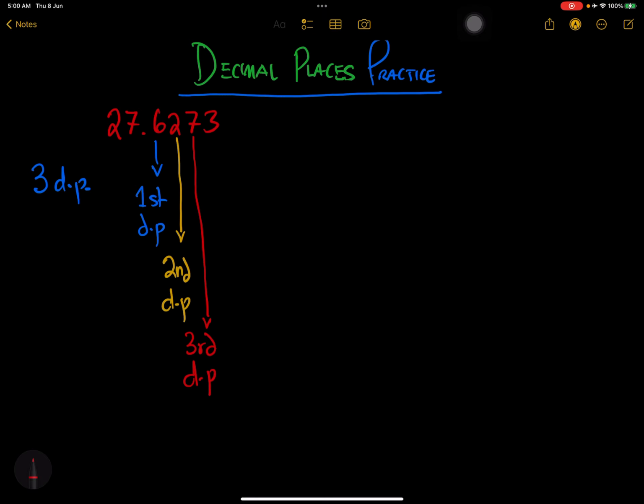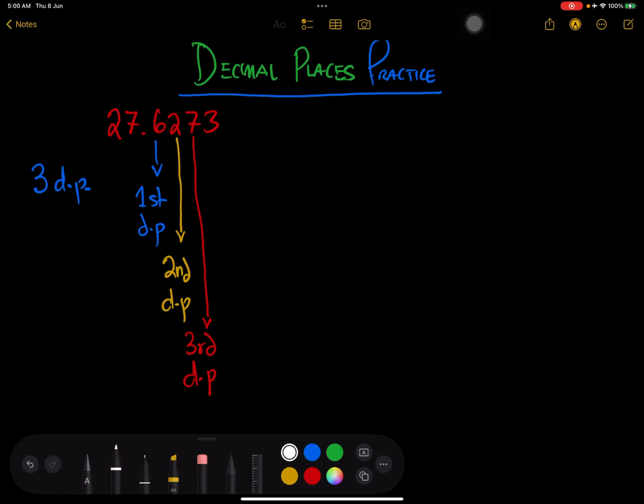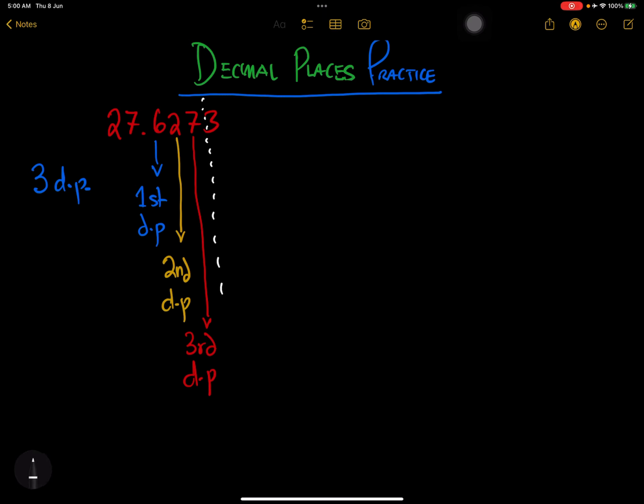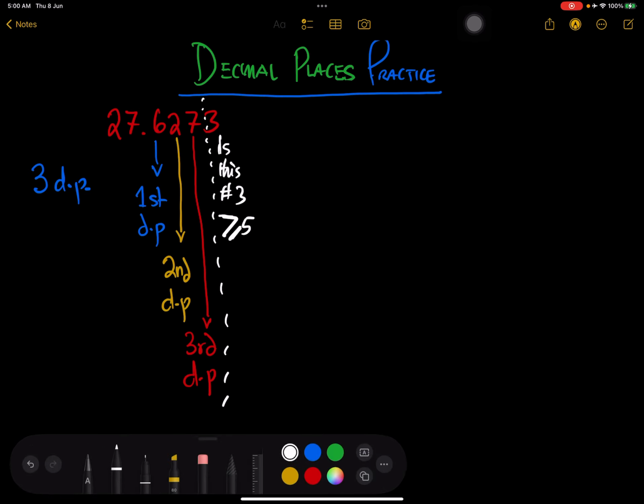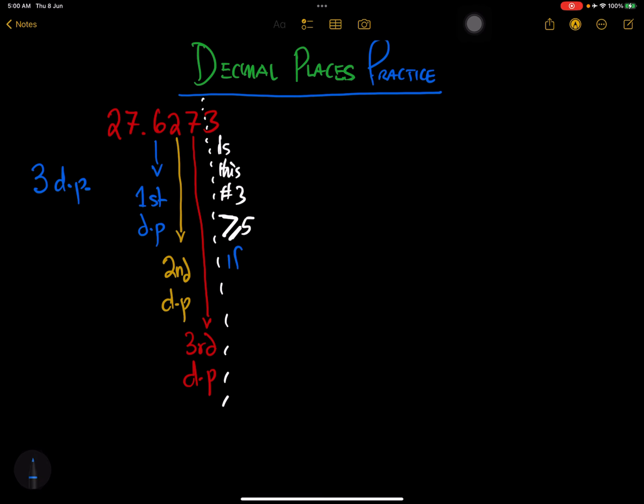When we know that, the next thing we do is drop a dotted line. And once we do that, we ask, is this number 3 equal to 5 or greater than 5? If the answer is yes, then add 1 to 7.